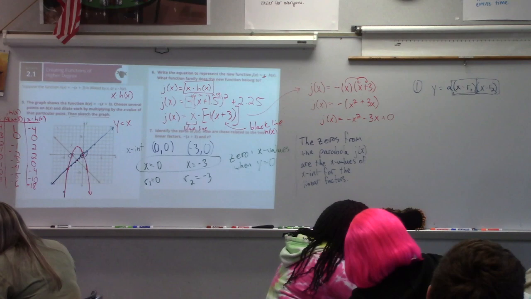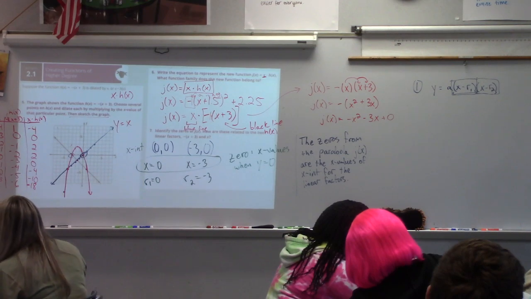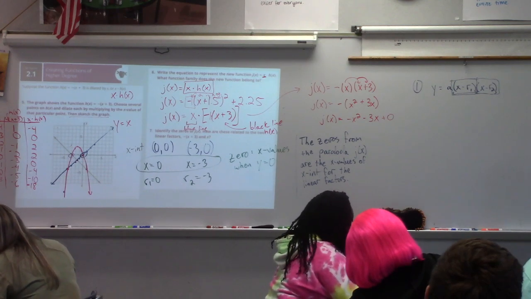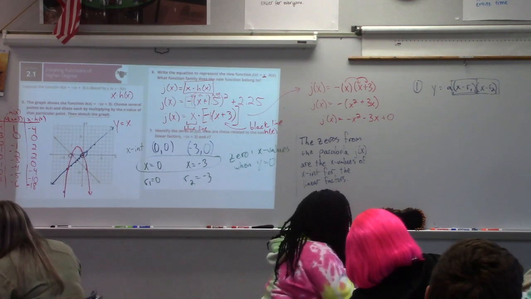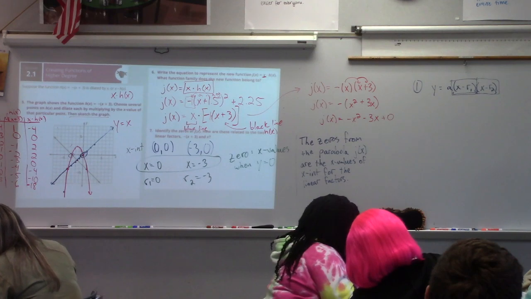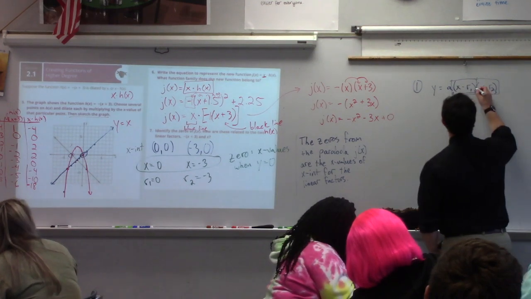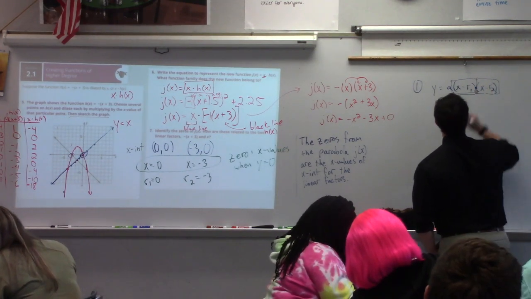So what does linear factors mean? That's a fantastic question. Anybody have a guess? What do we mean by factors? What do you do with factors? You multiply them. So these are called factors because they are being multiplied.